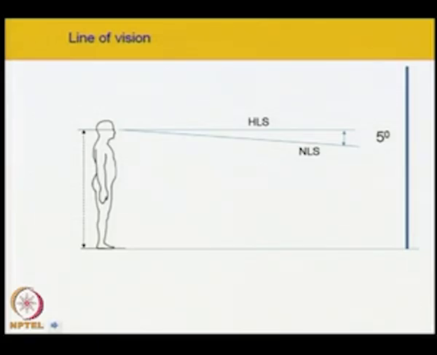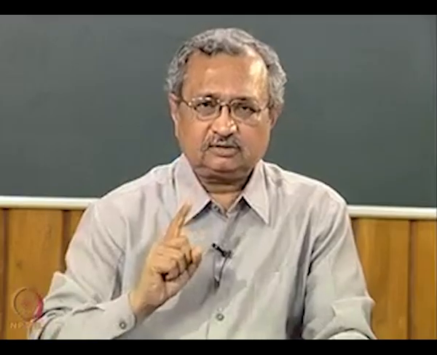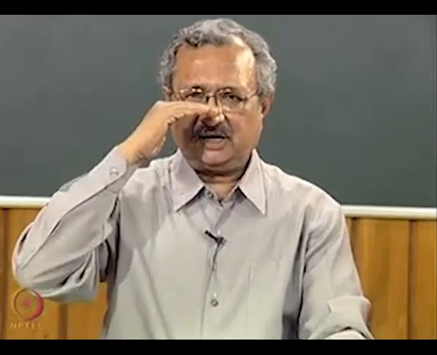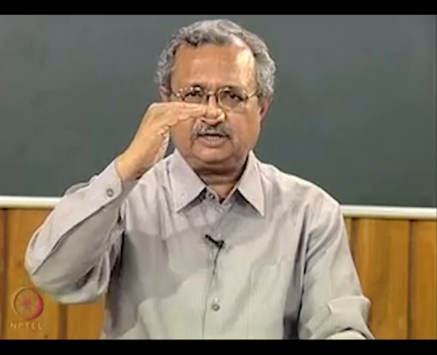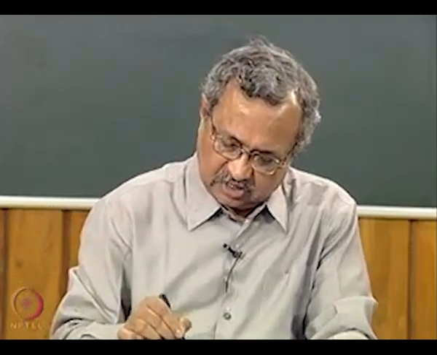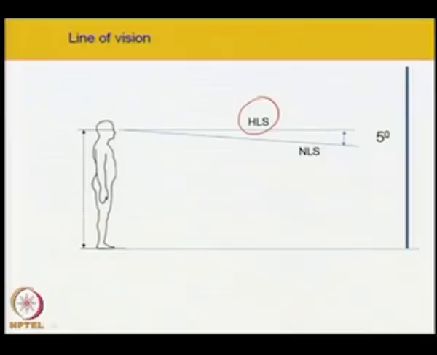Now, line of vision. When we concentrate on some object, if we draw a straight line from the eye height, this is the horizontal line of sight. But we cannot comfortably look at this position.